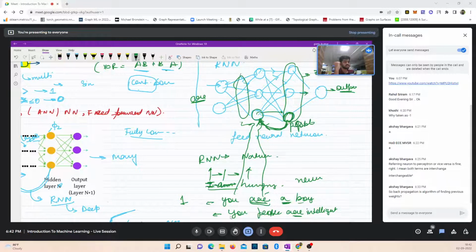Based on the translation for "people", you again update whatever you learned about the word "are". So what you're doing is feeding extra information that you learned at a later stage back to the stage you learned before. This kind of thing is called a recurrent neural network. Am I clear now?